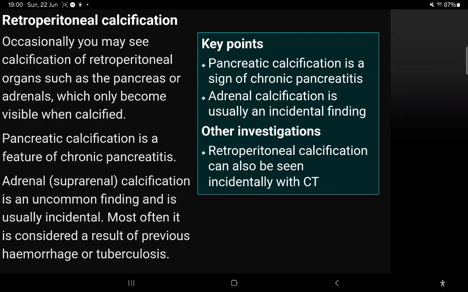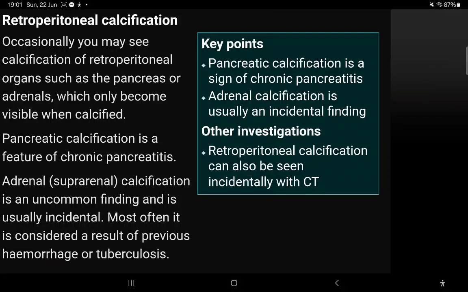retroperitoneal calcifications. When we say retroperitoneal calcification, we mean calcification within the organs that are retroperitoneal in location. The key points: pancreatic calcification is a sign of chronic pancreatitis. Adrenal calcification is usually an incidental finding.